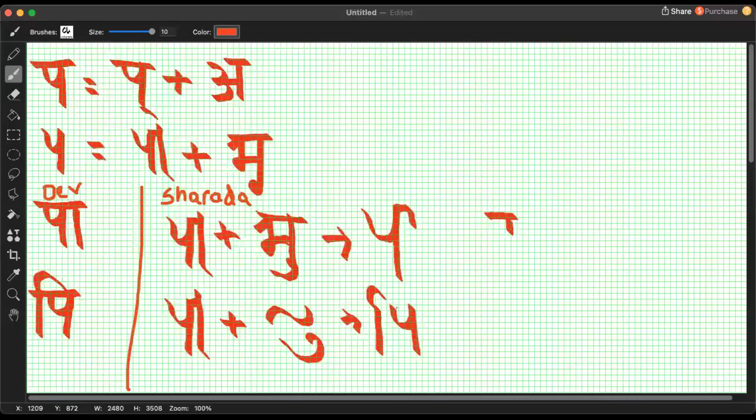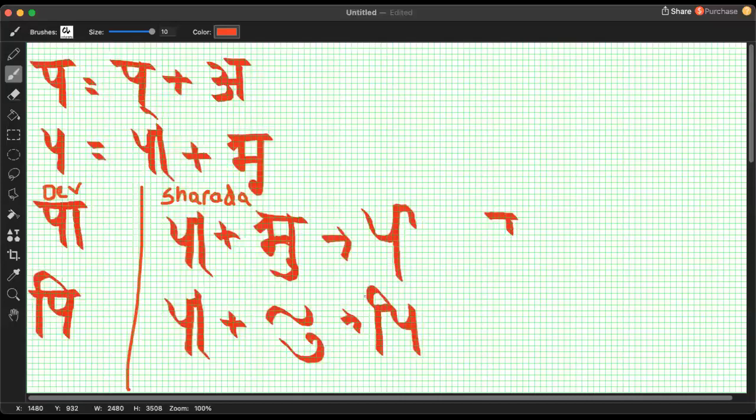The reason being, pa doesn't come with the shiroreka. So that's the reason why we keep the i matra on the left side. Whereas in Devanagari, since it has a shiroreka, it is more flexible to write anywhere on the top of the alphabet.